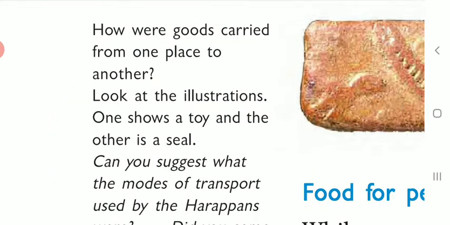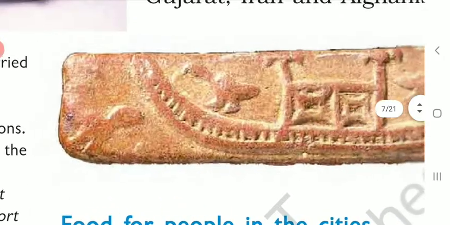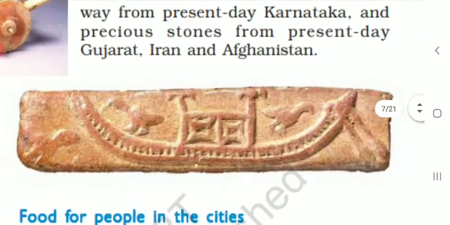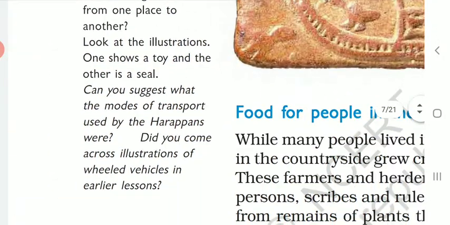Now, the illustration given over here, what is it actually? It is a seal, and these seals were used for business across the different parts of the Harappan cities as well as between cities of the Harappans.